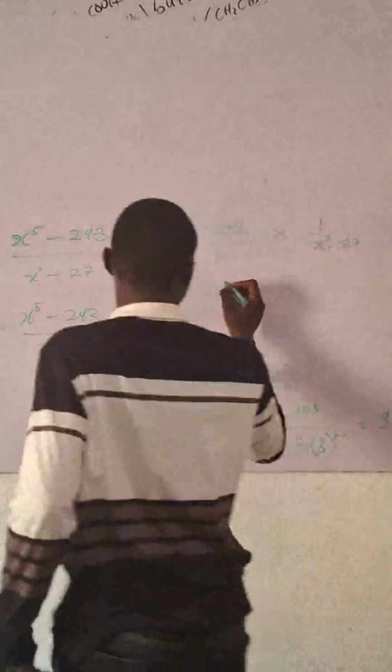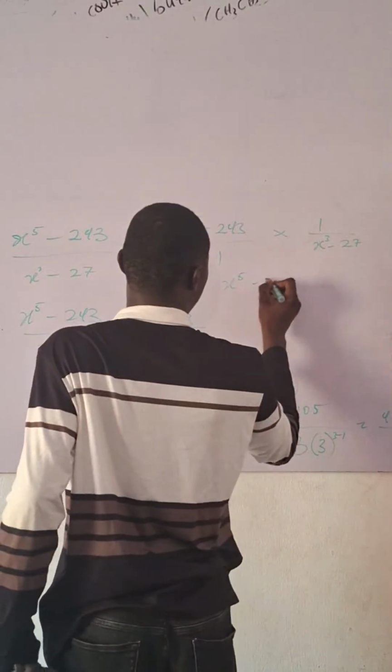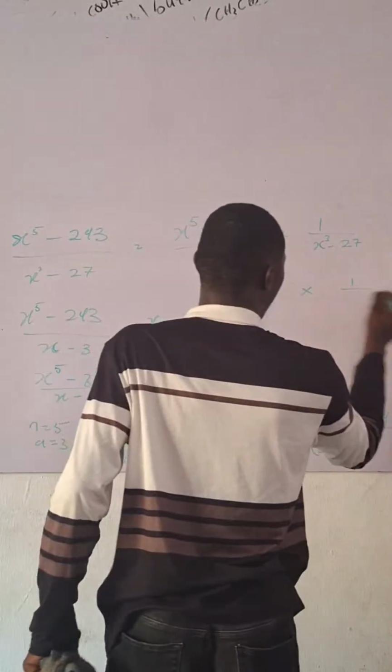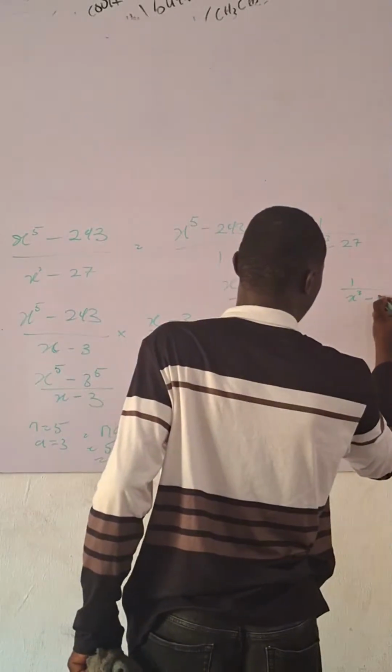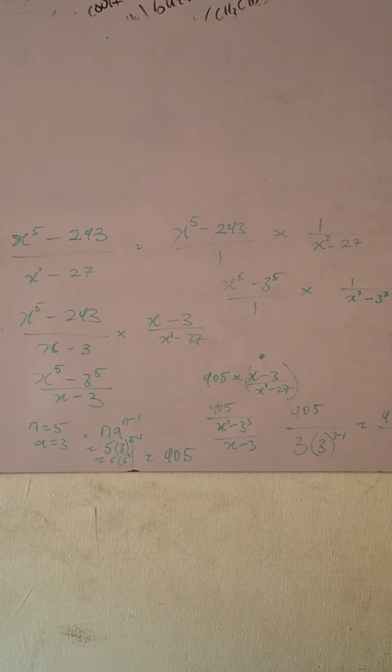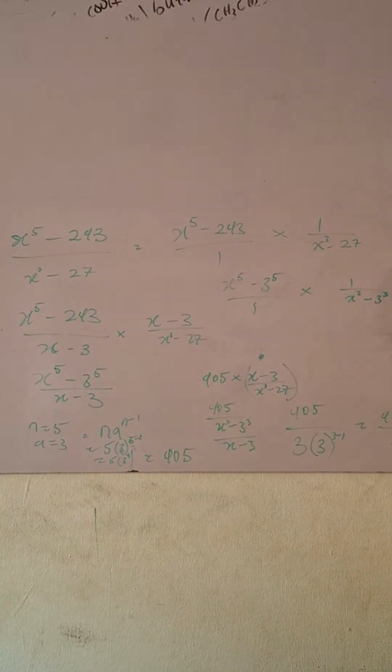Let me write this in. x raised to the power 5 minus 3 raised to the power 5 over 1, times 1 over x raised to the power 3 minus 3 raised to the power 3. This is still the question, JB. Yes, sir. So now, one more thing remains for me to be able to use the formula.